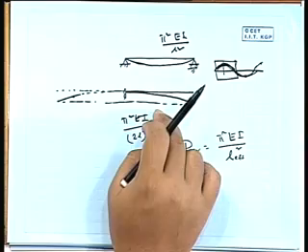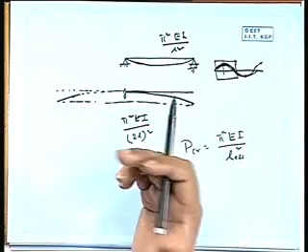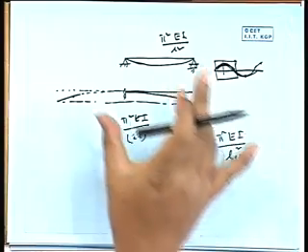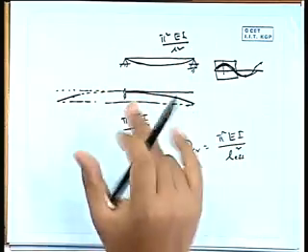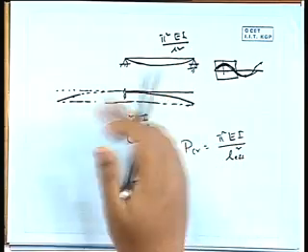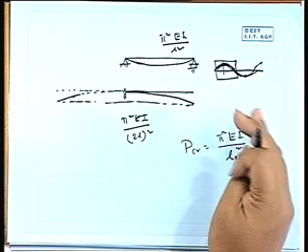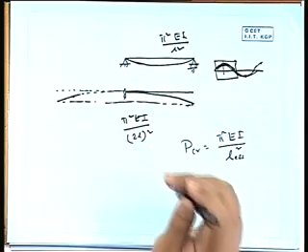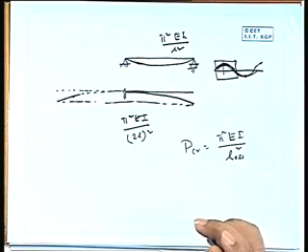So in that case we say the L effective for a cantilever beam is twice L. So what is L? L is the actual length. So without deriving that equation, if we just compare the mode of buckling, from there we can make some analogy and find out the L effective value and get the value of the critical load.